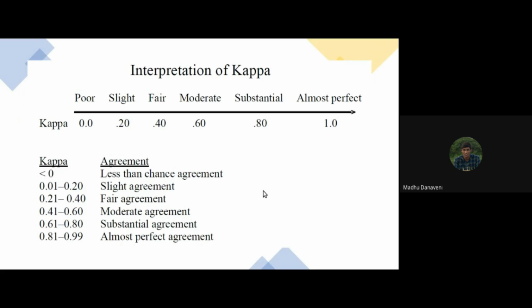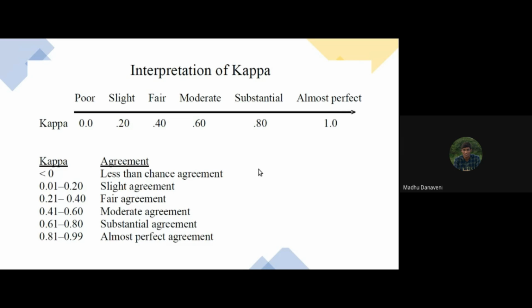So here we can see the scale, where 0 to 1.0 is the range, and 0.81 to 0.89 is almost perfect.